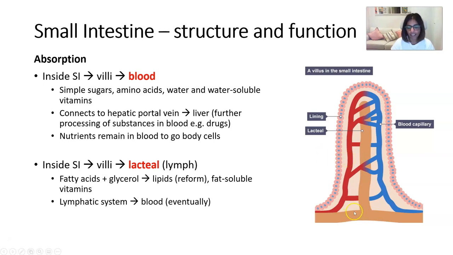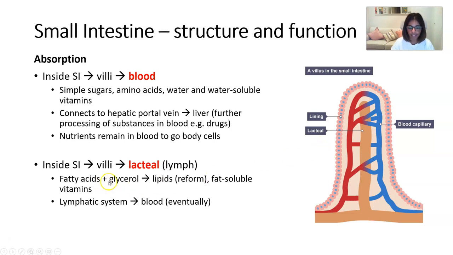If we look at the center of the villus, if we go right here, we can see that this structure is a lacteal. Now you understand from previous lessons that a lacteal is part of the lymphatic system. It's a blind-ended duct that absorbs the nutrients that are being produced by the products of fat digestion.